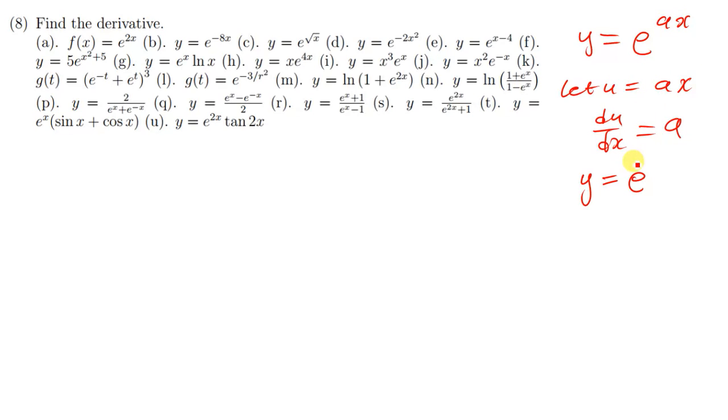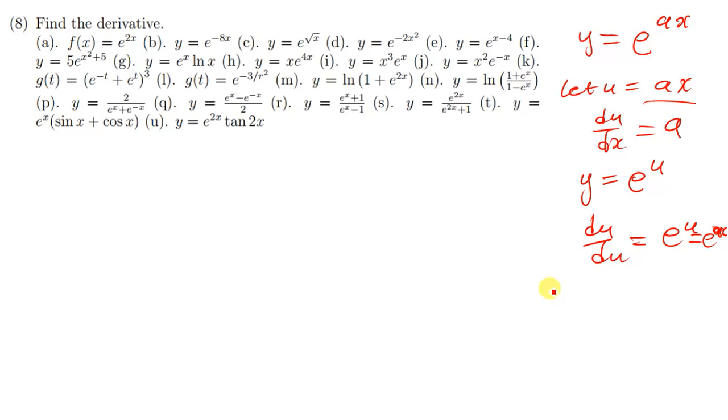So dy du will become e to the power u. When you differentiate e to the power x, the answer is the same, e to the power x. So if you differentiate e to the power u, the answer will still be e to the power u, which is just the same as e to the power ax, because u is equal to ax.